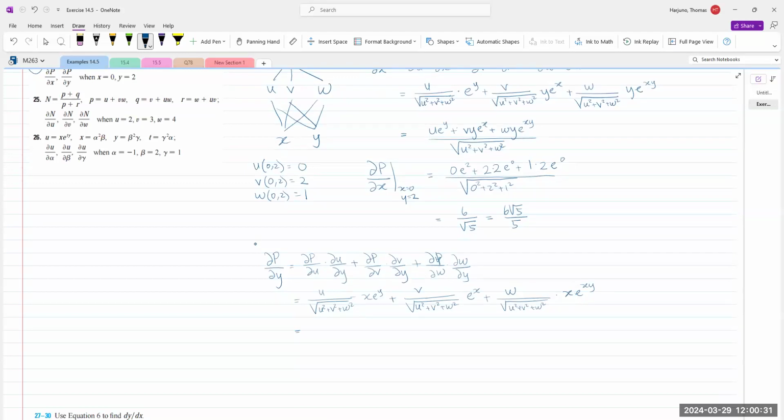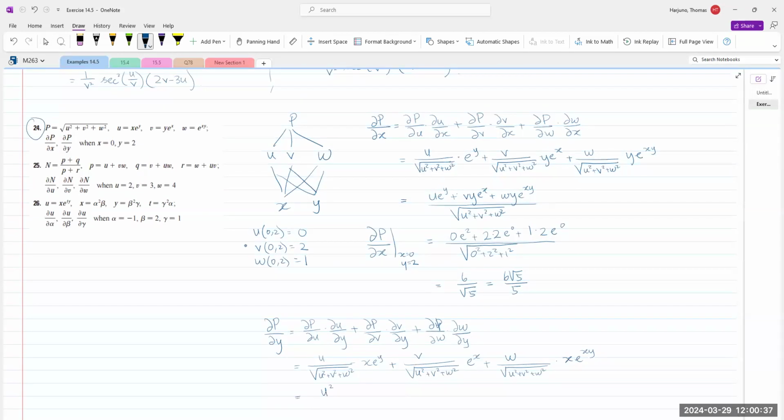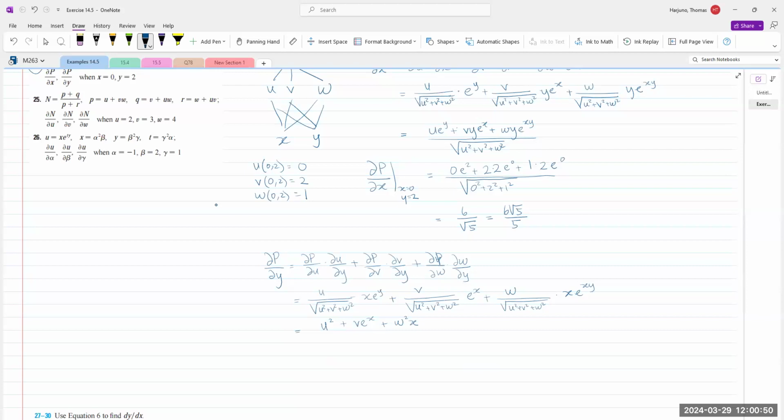Let me put them together first. By the way, we happen to know x e to the y, that's u, that's u squared plus phi e to the x plus w squared x. Don't you think it's actually easier if you happen to see that, right?